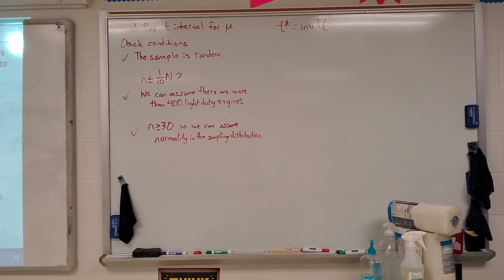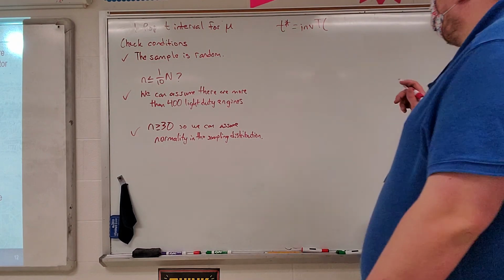Now the one thing about t is, I said that wrong earlier. I was wrong to say that, guys. You're actually going to get varying values for t star, even for the same level of confidence, because your degrees of freedom will change as your sample size changes from one problem to the next.